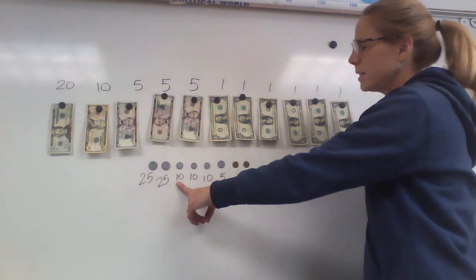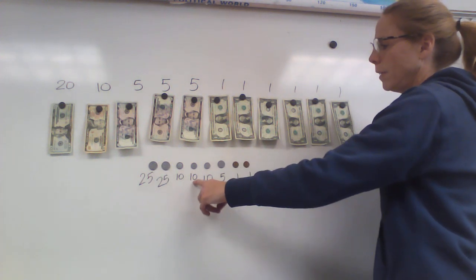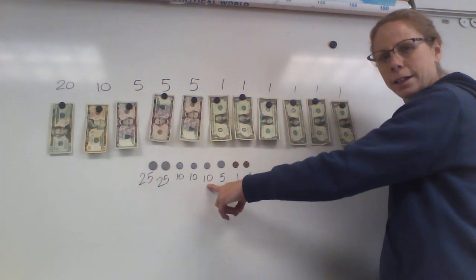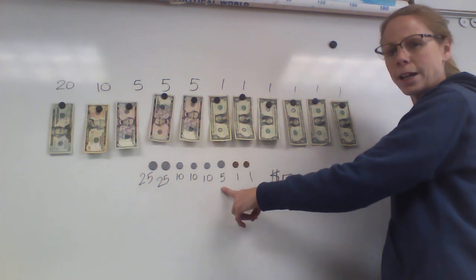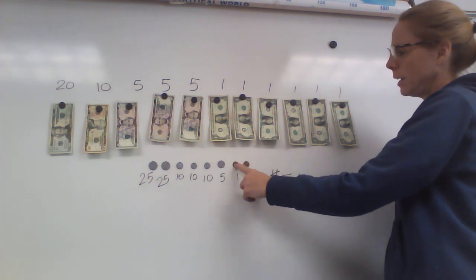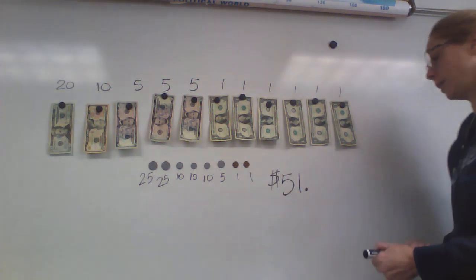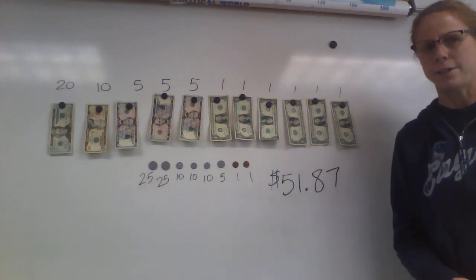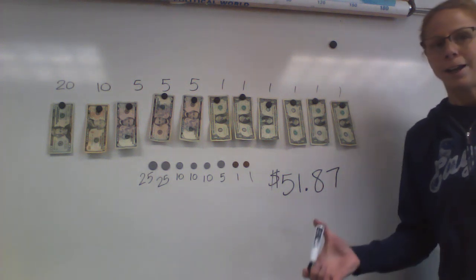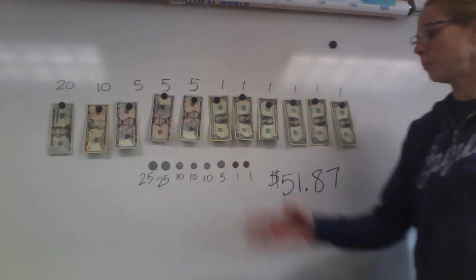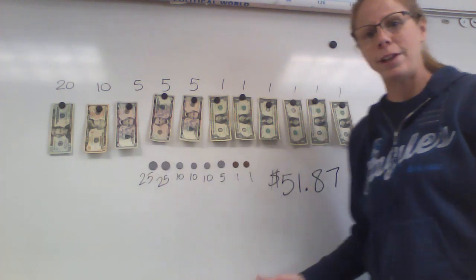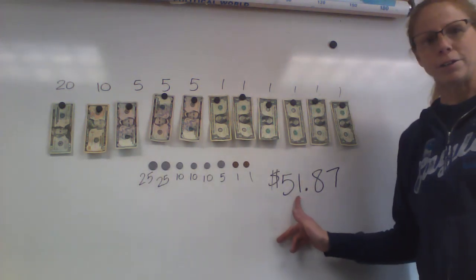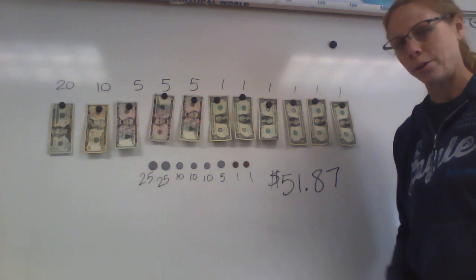Plus 10 is 60, 70, 80. Plus 5 is 85, 86, 87. So I have $51.87. Okay? And sometimes when you're counting, you might end up with 4 quarters and have to turn that into $1. So hopefully you can practice that at home this week.